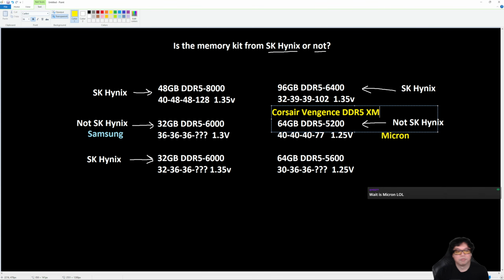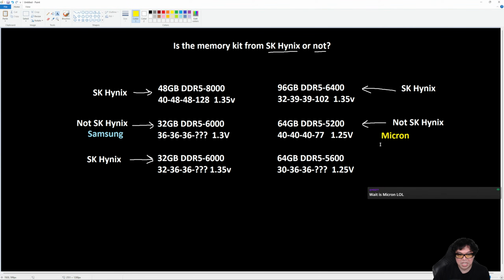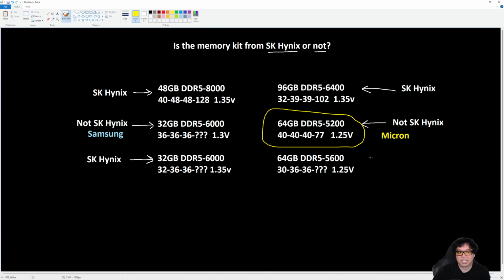This is my Corsair memory kit, the only Corsair memory kit that I have. It's a 64 gig, 2x32. It's one of the earlier DDR5 kits that I have, that's why it's not that fast. It's still XMP based with these timings. Someone might look at this and think it looks like JEDEC, but it's actually XMP. This is a performance profile.